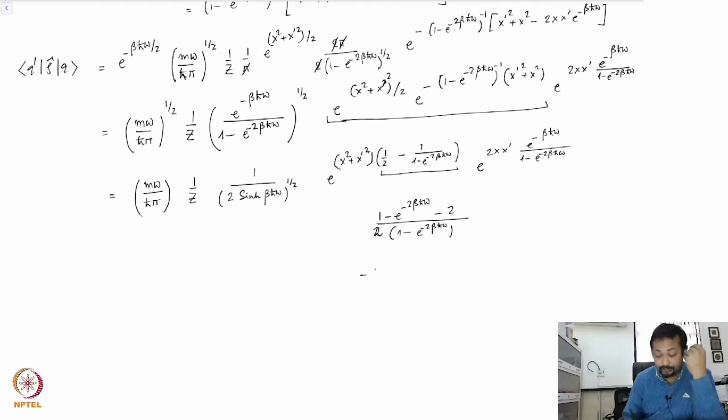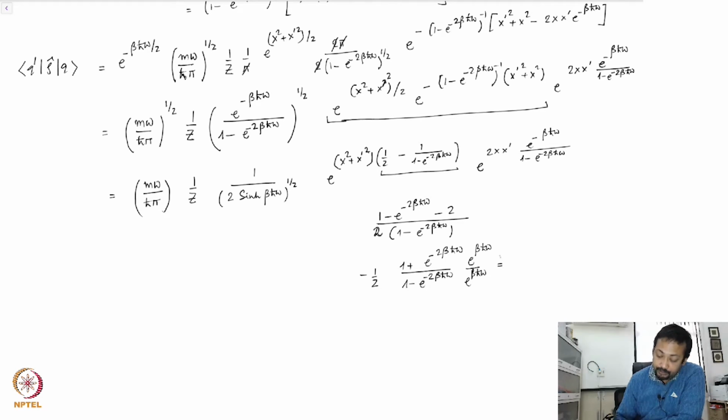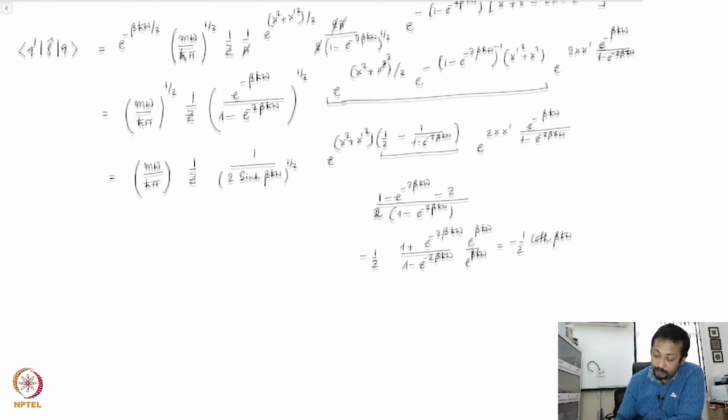The simplification gives you minus half (1 plus e to the power minus 2 beta h bar omega) divided by (1 minus e to the power minus 2 beta h bar omega), which you immediately see I can multiply, numerator as well as denominator, by e to the power beta h bar omega, and this gives me minus half cot hyperbolic beta h bar omega.